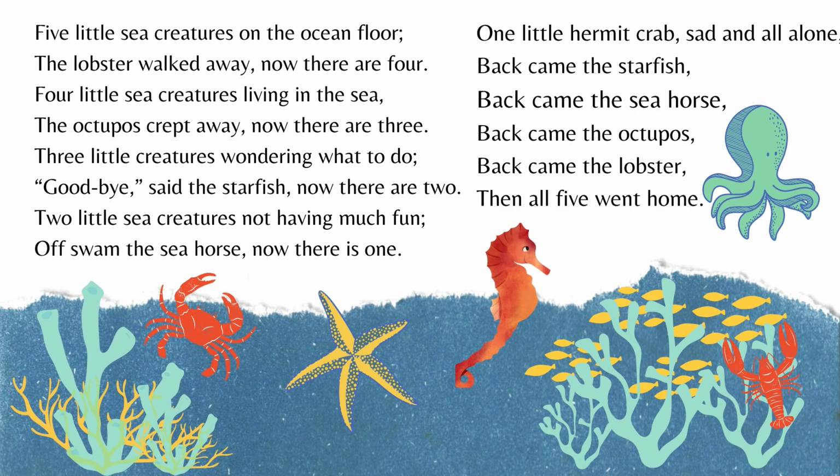Goodbye, said the starfish. Now there are two. Two little sea creatures not having much fun. Off swam the seahorse. Now there is one. One little hermit crab, sad and all alone. Back came the starfish. Back came the seahorse. Back came the octopus. Back came the lobster. Then all five went home.